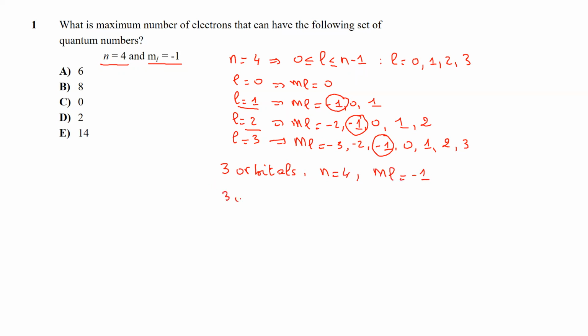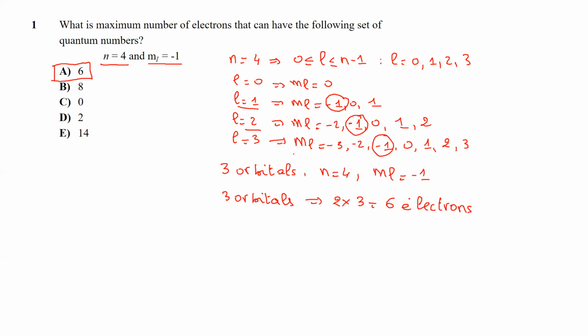If we have three orbitals, what is the maximum number of electrons? Exactly 2 times 3, meaning 6 electrons. So the maximum number of electrons is 6, and the answer is A.